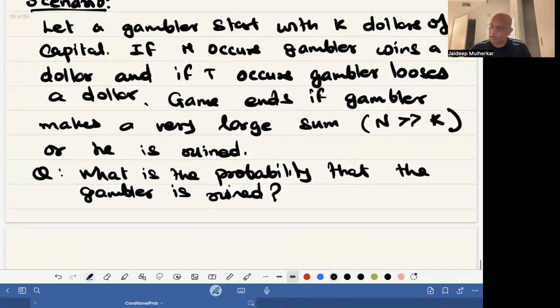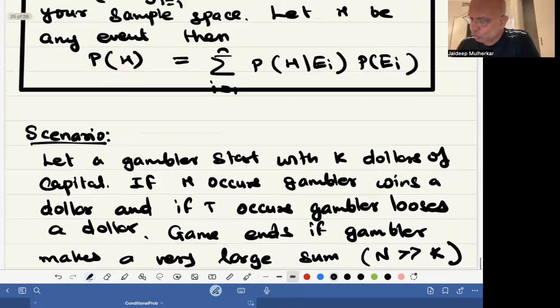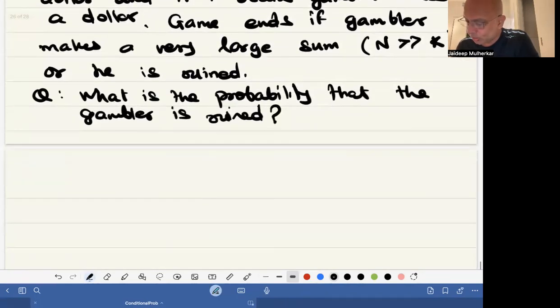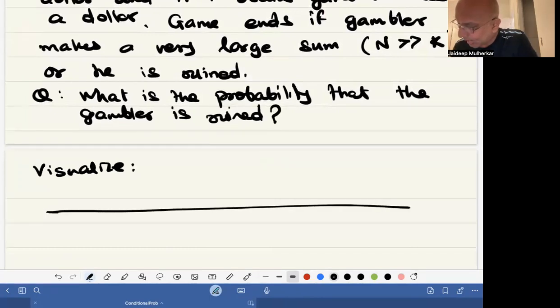So this is a very famous problem, and it can be visualized in two ways. One way to visualize the situation is to think of a lattice of, let's say, positive integers.